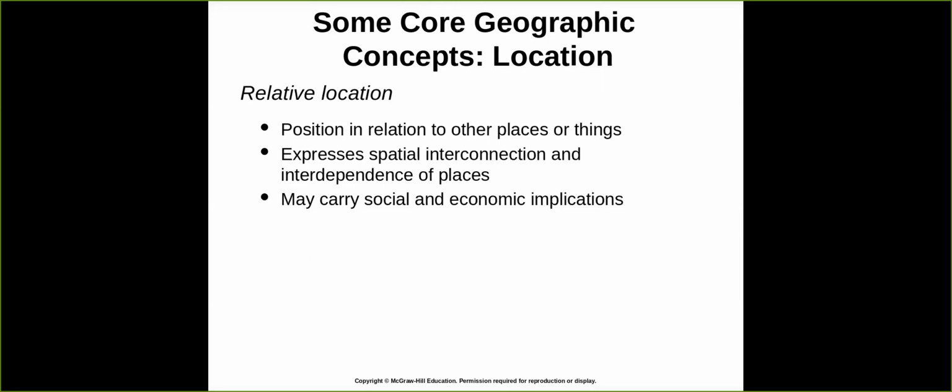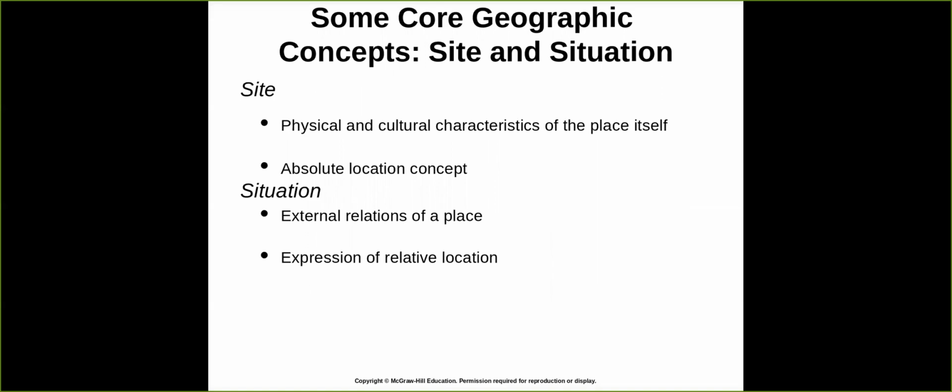That becomes the relative location of Knoxville. The site is sort of the physical characteristics. That's kind of more the absolute location concept. Situation is more what's the relationships? How are you situated? What's the larger sort of cultural milieu that you might be operating in? That's going to be more of your relative location.